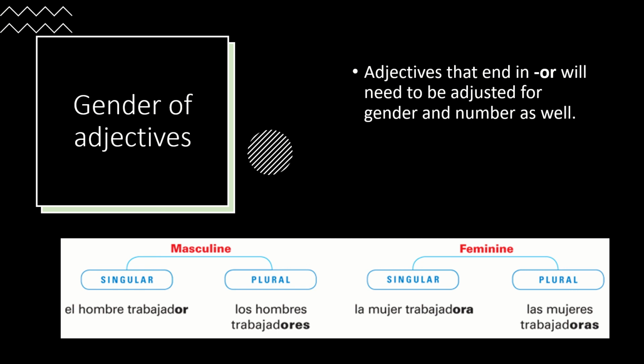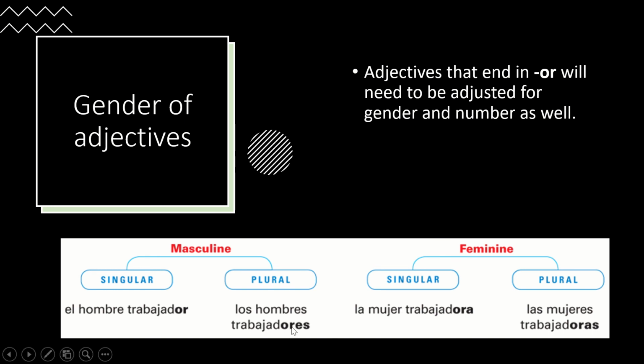Trabajador means hardworking. If we want to talk about a woman who is hardworking, we come over here and it would become la mujer trabajadora. So all we did was add an A to this one. Now, plural, this is where it gets to be a little bit different. The same way we would do plural for the word profesor, we are going to follow all of those same rules.